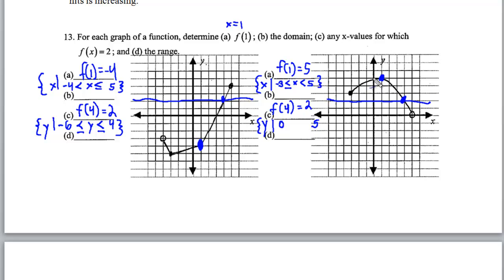So this graph is no higher than 5 and no lower than 0. But look at the blue dot and the open circle. Y will never get to 0 because the line will stop before there. And y will get to 5 because there is a blue solid dot at that spot. And that is going to be my set notation, or I think I've been saying set notation, I could be misspeaking that and mean interval notation. But this is the notation that's right there for the problem.